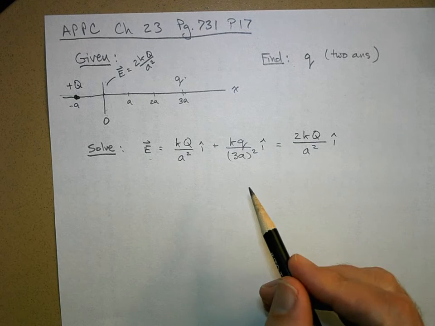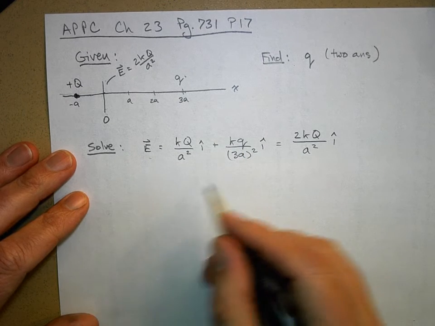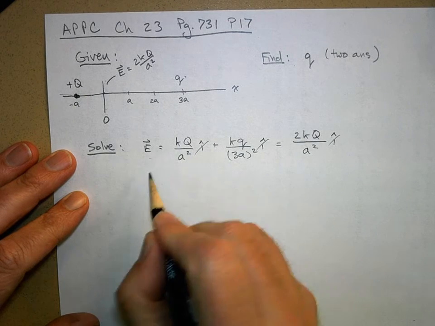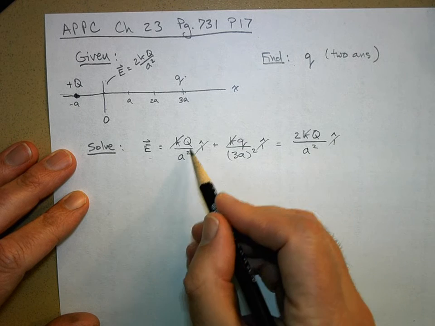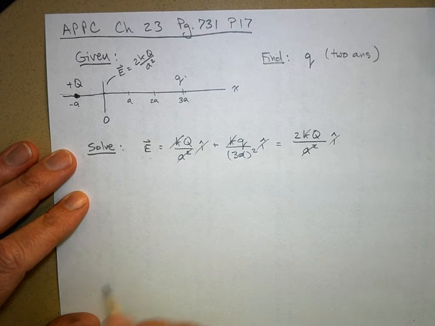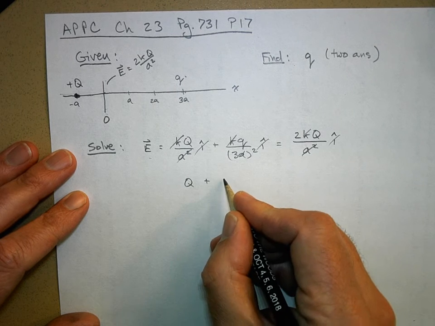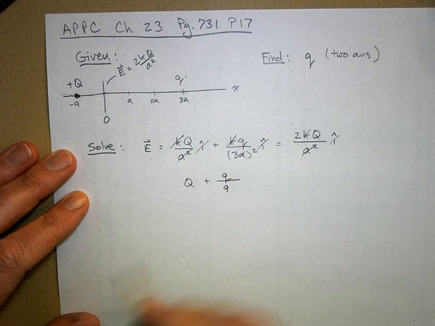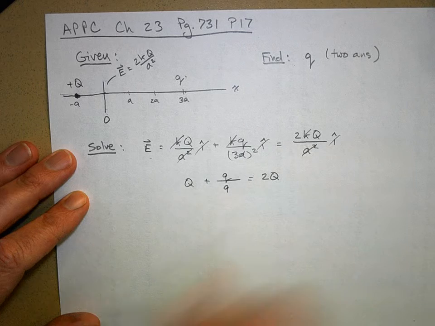So now we can solve for Q. One of the things I can do is get rid of the i hat, get rid of k, and get rid of a squared. And so I'm left with q plus Q over 9 equals 2q.